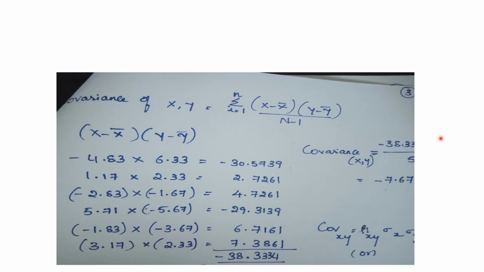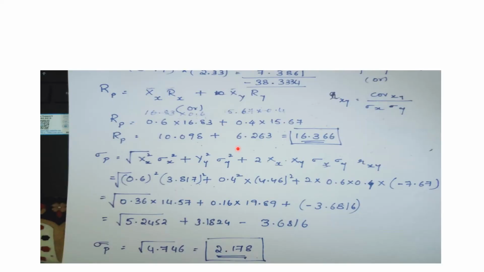So this is covariance. And now we have to substitute it in the Markowitz formula, that is return and risk we have to find out. So here, expected return of portfolio formula is summation of x bar x into r bar x, x bar y into r bar y. So as it is given in the question, it is 60% of x and 40% of y.